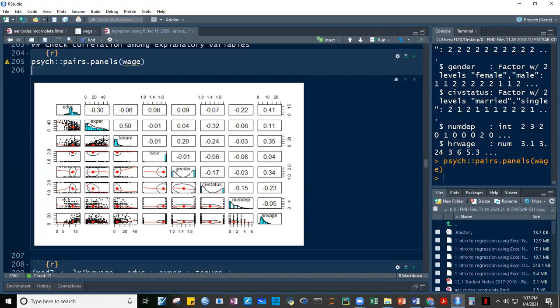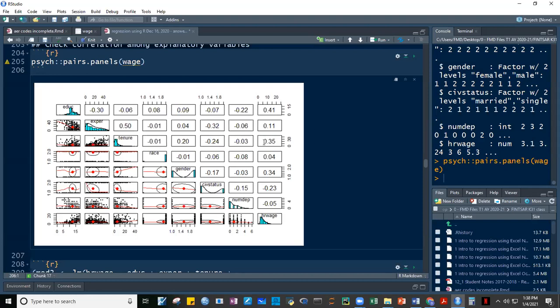Yung mga characters natin, gender, civil status at saka race, we don't mind this so much. Kaya lang siya nagkaroon ng values, guys, kasi 'di ba dinamify muna ni Arto, but we actually don't put so much interpretation to that kasi mga factors yan, guys, no? Ang tinitingnan natin more is are the numerical variables. So si HR wage, relatively mataas yung correlation niya with education.